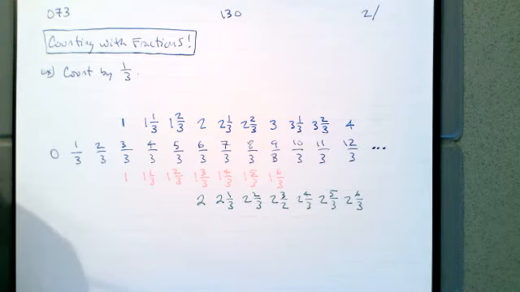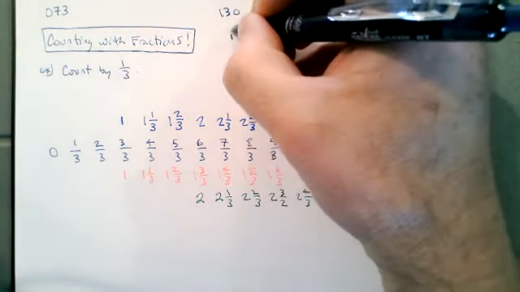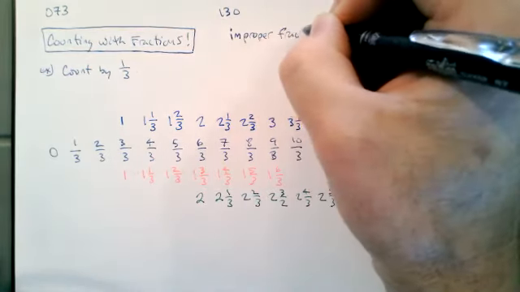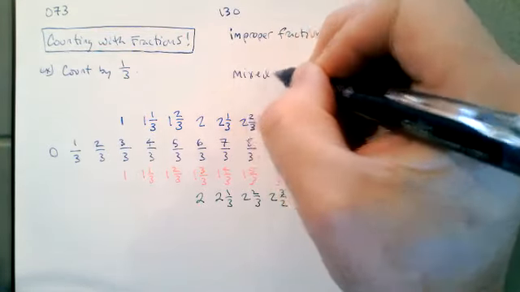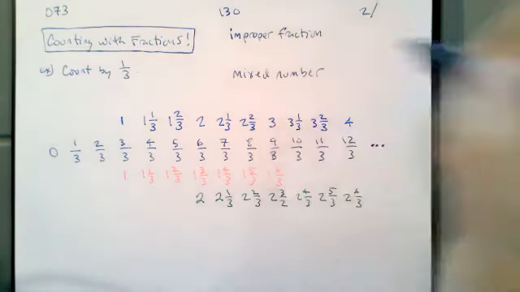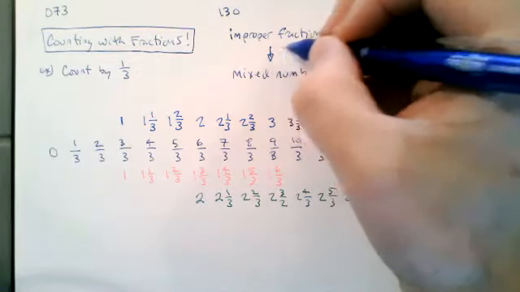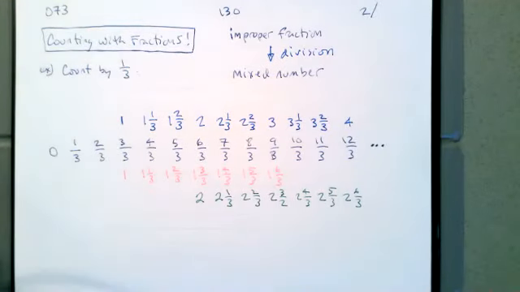So if we want to go from an improper fraction to a mixed number, the technique is to use division, long division if we're going to do it by hand.